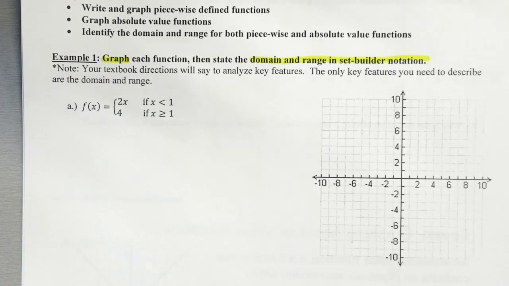Okay, so for example one, when you are doing that on your homework, which again today I'll give you some, we're doing more graphing. So I made some more graph paper for you with the graphs already done. Make sure that you are doing the domain and range in set builder notation. You don't have to do anything other than that.